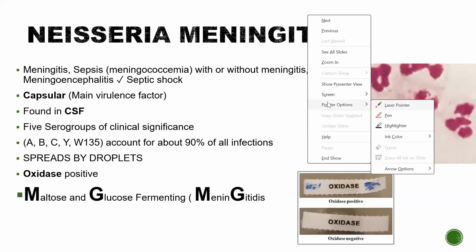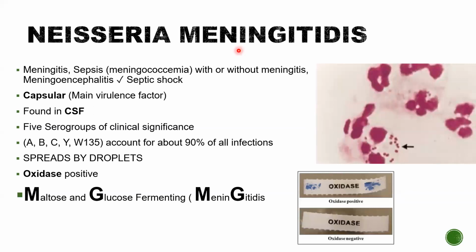So we stopped at the Neisseria meningitidis. As we said, just quickly, because I feel like I rushed it, a way to remember the main virulence factor is remembering that it causes meningitis from the name, to remember the capsule. And a way to remember that it's oxidase positive, how I like to think about it, has nothing to do with the actual reason.